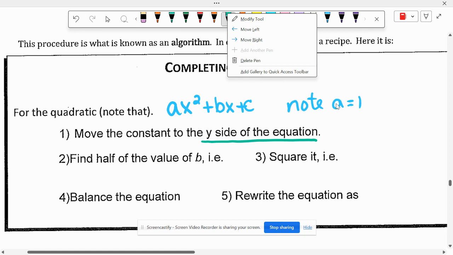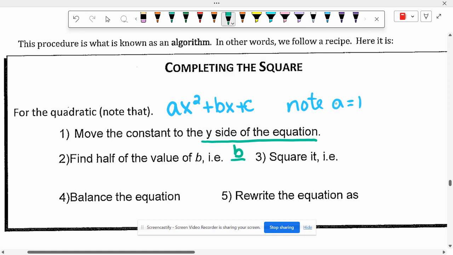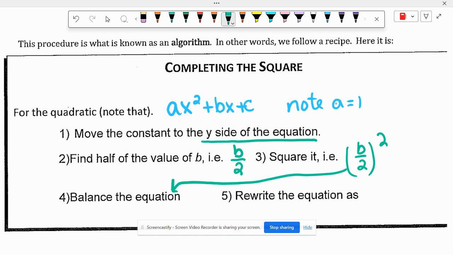And then we found half of the value of b, meaning we took b and divided it by 2. And then we squared it, b divided by 2 squared, and that is what we added or subtracted from both sides.